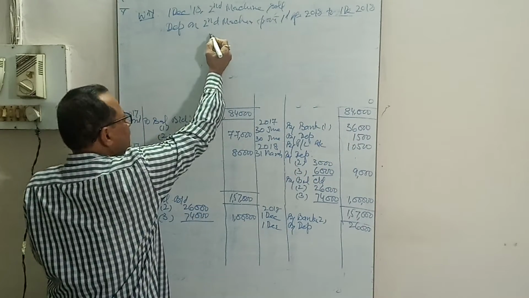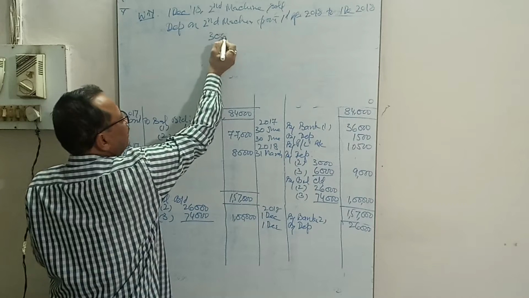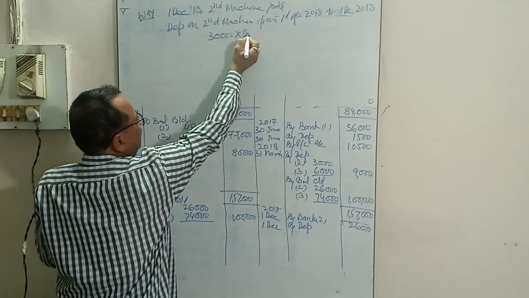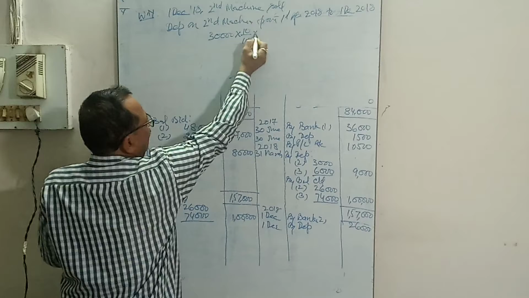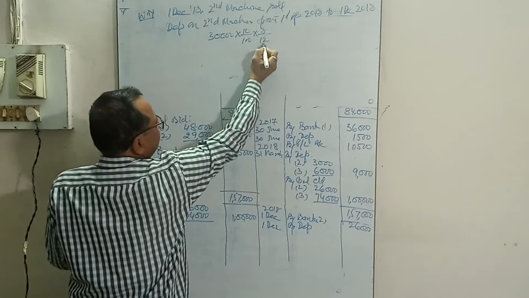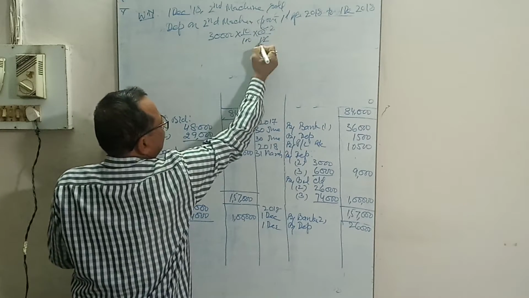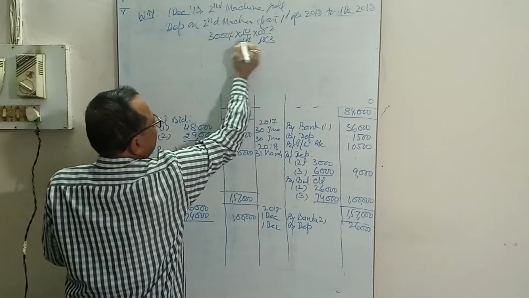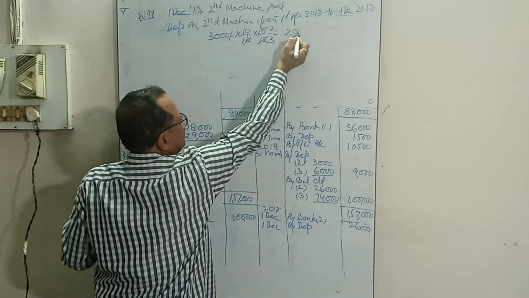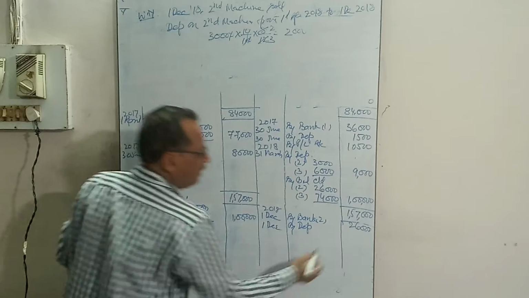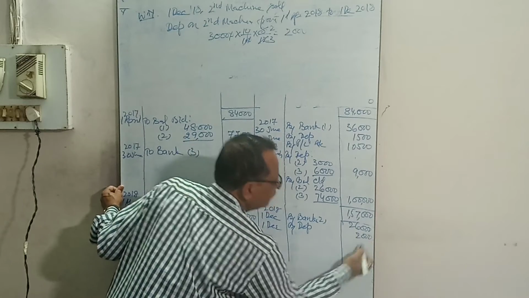It was for rupees 30,000. 10% for 8 months. ₹2,000. Depreciation will be charged for 2,000 rupees.